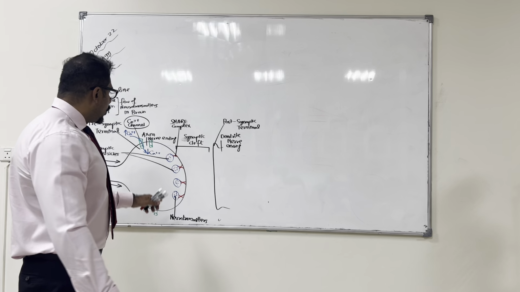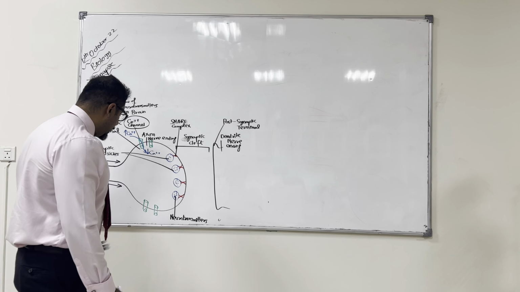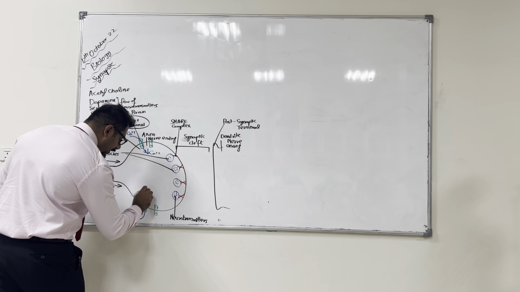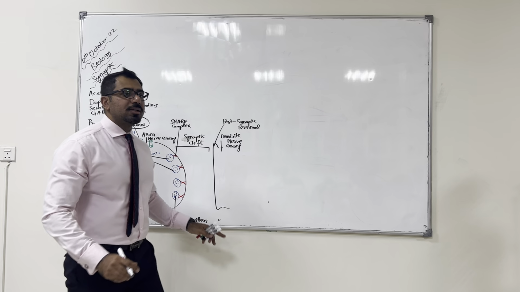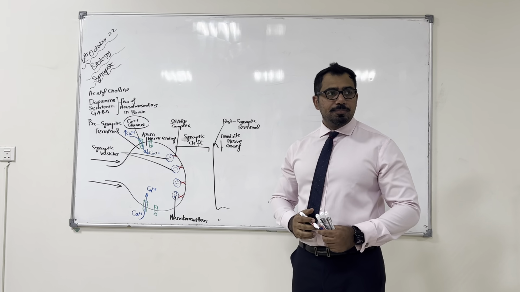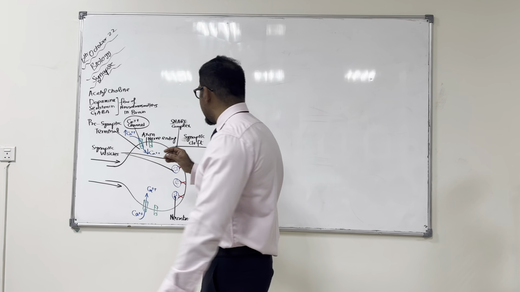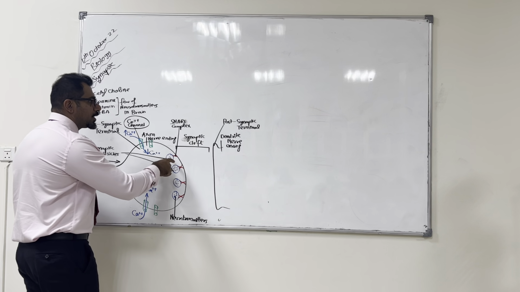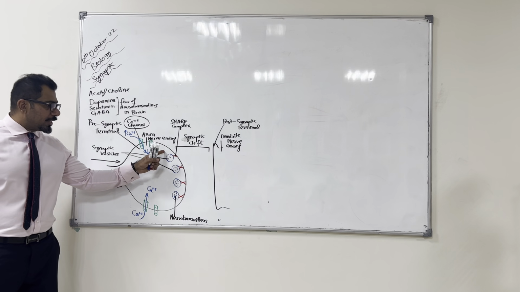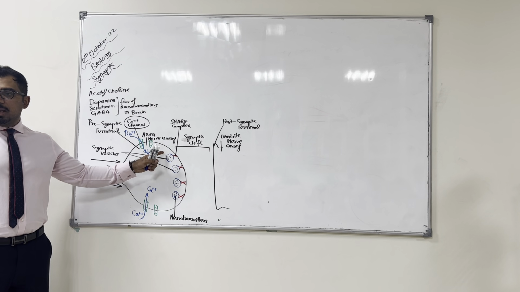Right? What happens to this calcium which has gone in from higher concentration to lower concentration? It binds to what? Snare complex or snare proteins, right? When it binds to the snare complex, what happens? The snare proteins contract. When the snare proteins contract, what will happen?